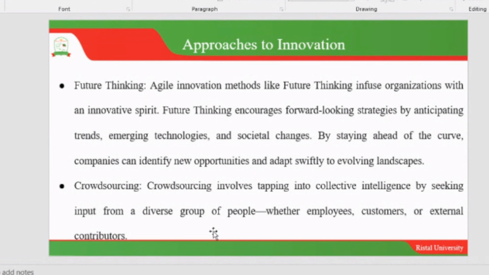For example, if you look at the current wave of artificial intelligence, you can really innovate in that area by using this future thinking. Okay, you can realize that in future we are going to be having less of the humans doing data processing.